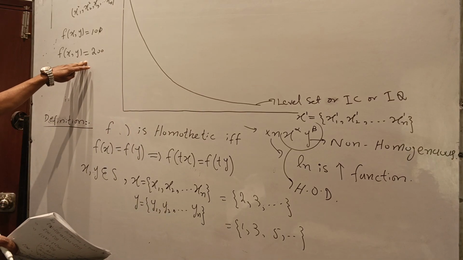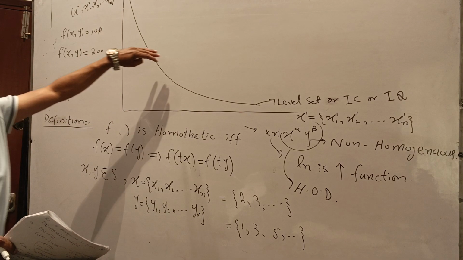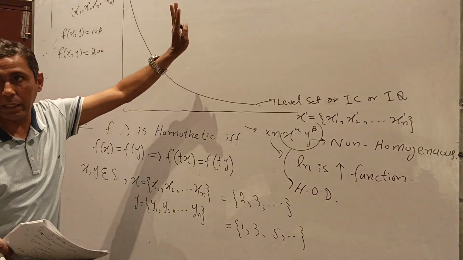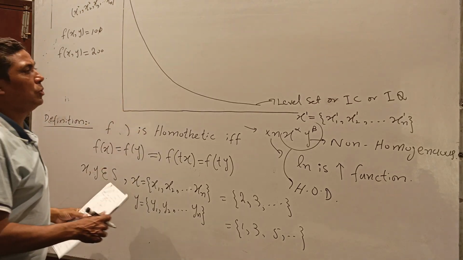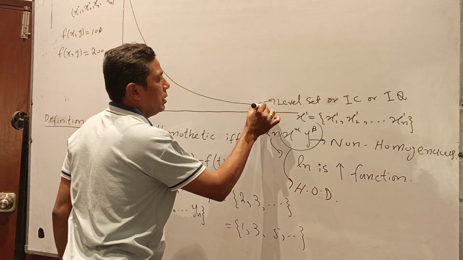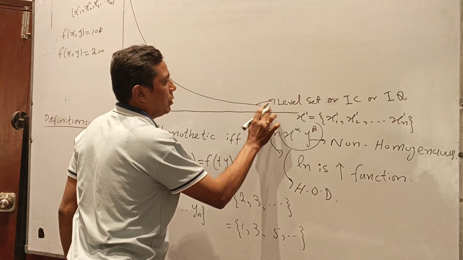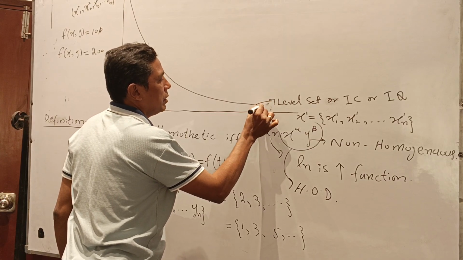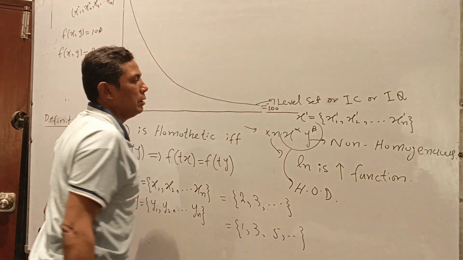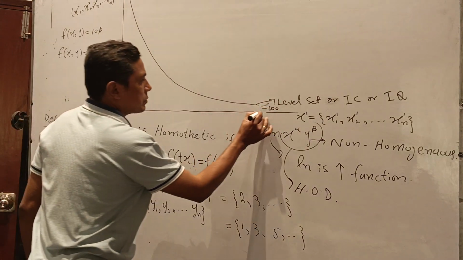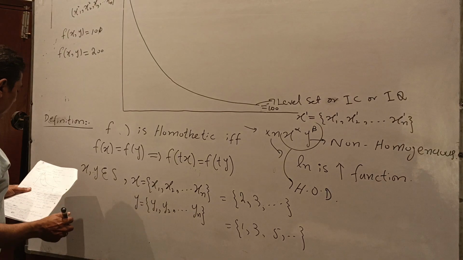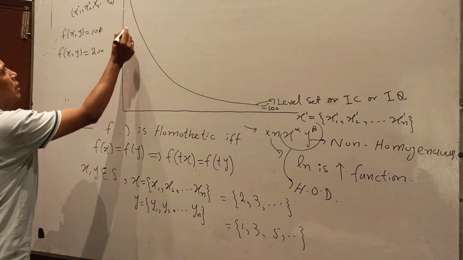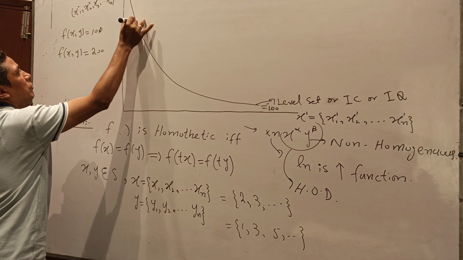So when f(x, y) is equal to 200, it will lie on a higher level set. Clear? According to the utility function and the production function. So यहाँ हम कह रहे हैं कि that is actually f, यहाँ मैंने लिख दिया, it is equal to 100. Clear? ये 100 है.